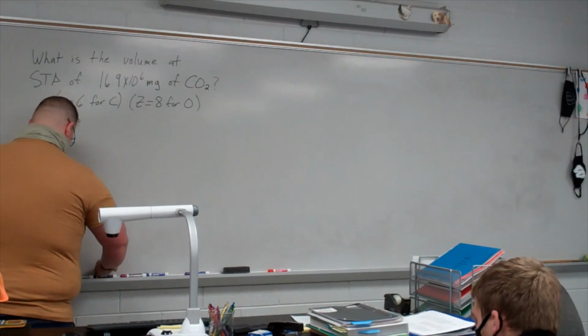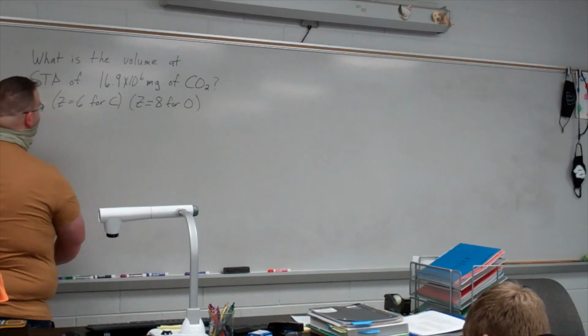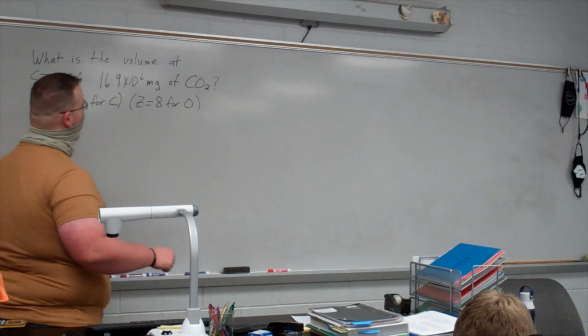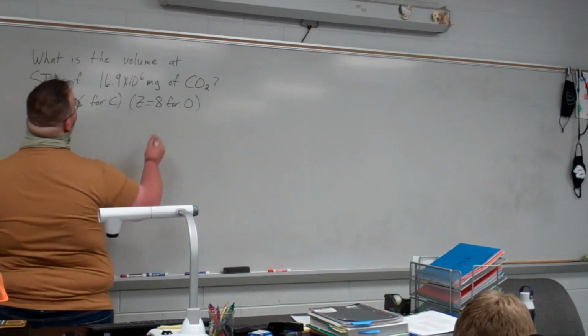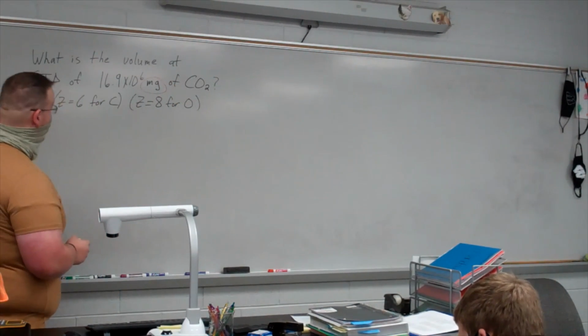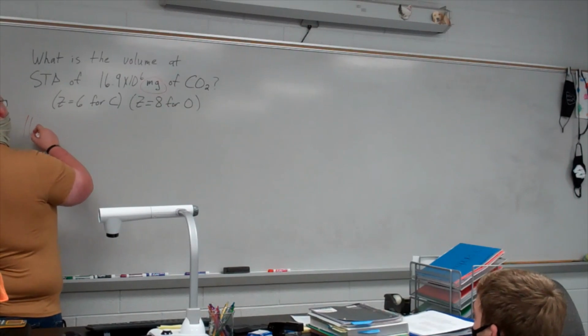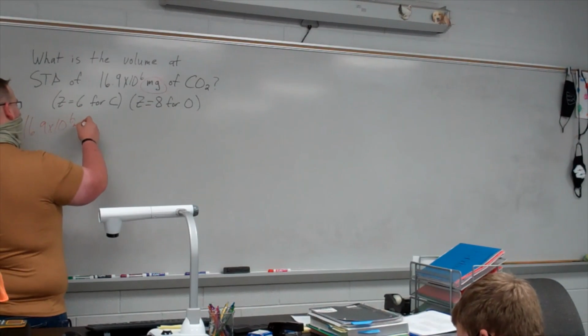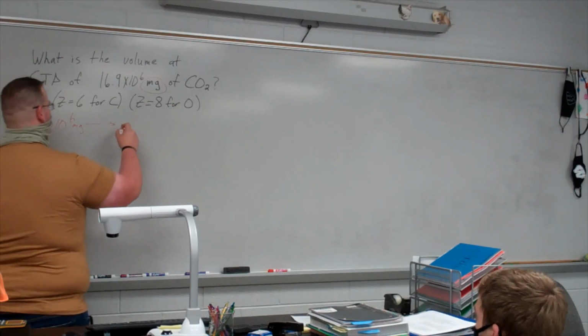Let's work through this. As I went around, the majority of you caught my first trick: the milligrams. You can't go from 16.9 times 10 to the 6 milligrams to moles.